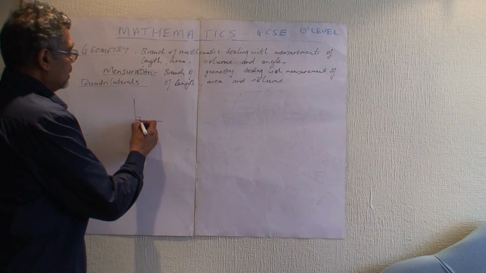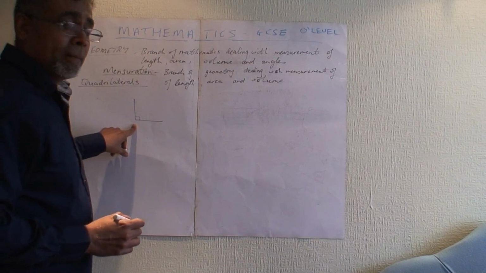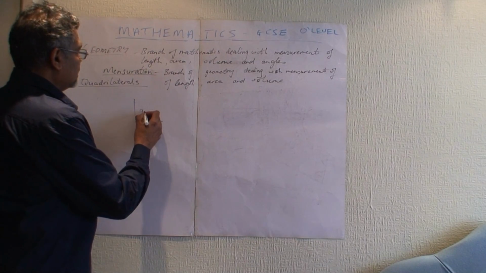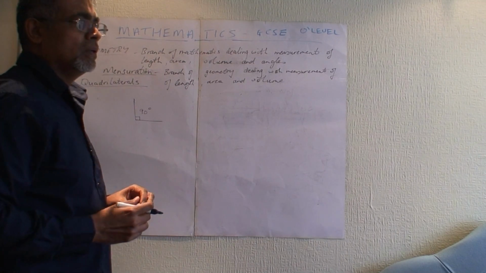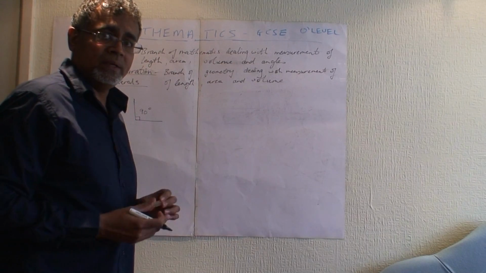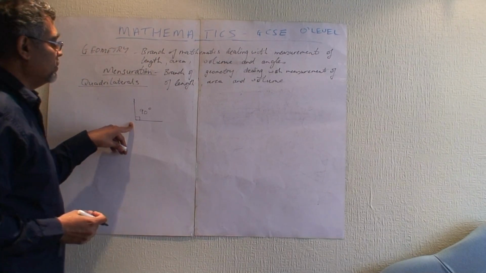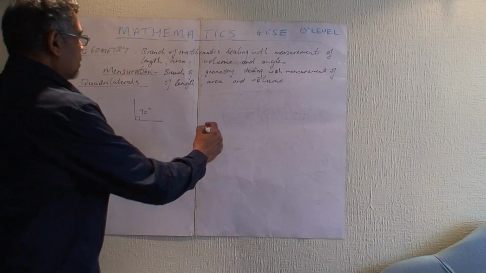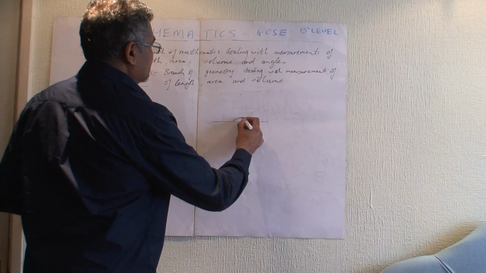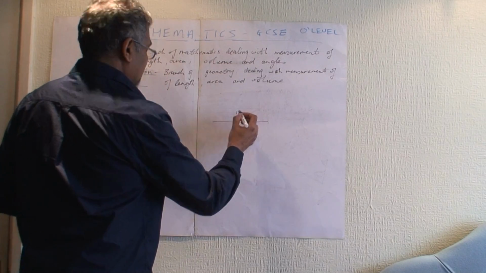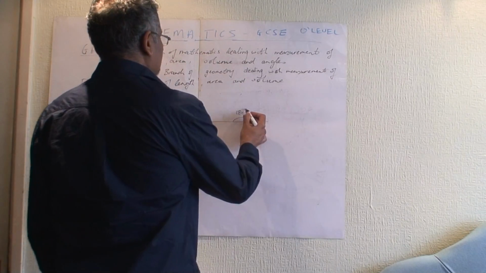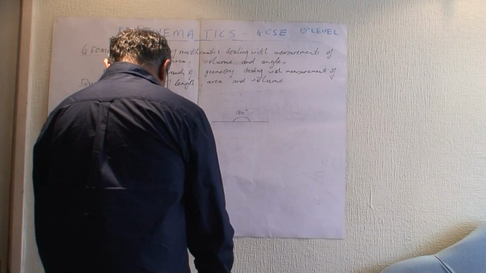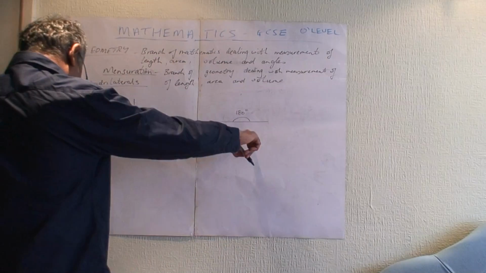So if we have two lines meeting at that point, this is known as a right angle, and this is 90 degrees. If you check it with your protractor, you know that this is 90 degrees. A line like this is 180 degrees. It's a flat line, that is 180 degrees.